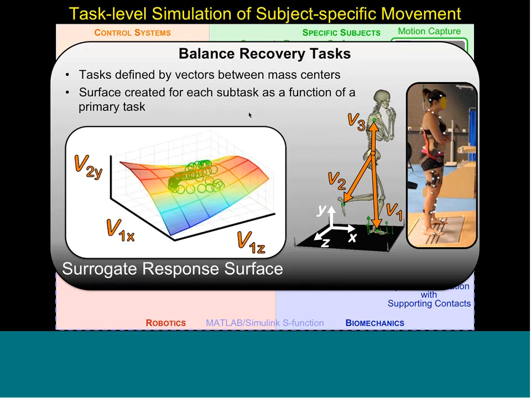We think we have it figured out for balancing on one foot, but when it comes to stepping, if somebody has learning that takes place, they're on the Karen platform and their response surface looks like this when they're not stepping, but when they first start, their response surface may look completely different, and they were forced to take a step. So I don't think that it's published yet because of that. We don't know.